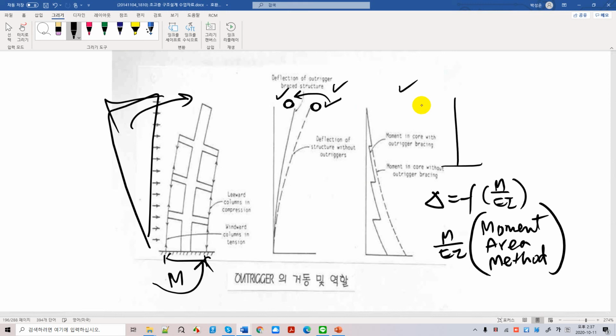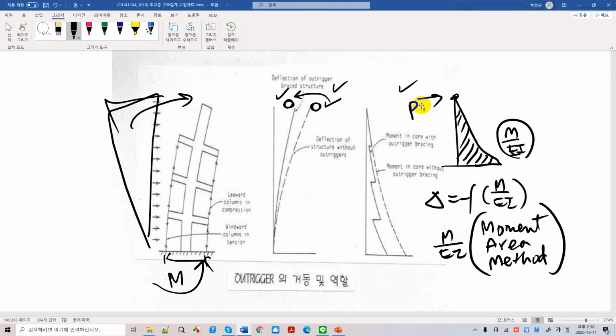So if you have a loading over there, first of all you have to calculate moment divided by EI diagrams. We call that M over EI diagrams. We calculate M over EI diagrams, and then we calculate the area of M over EI diagrams.